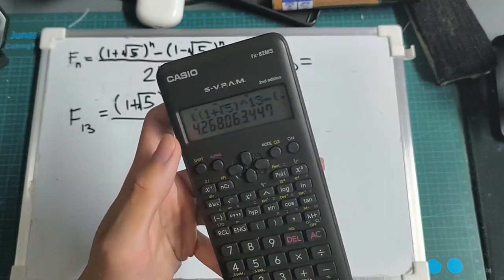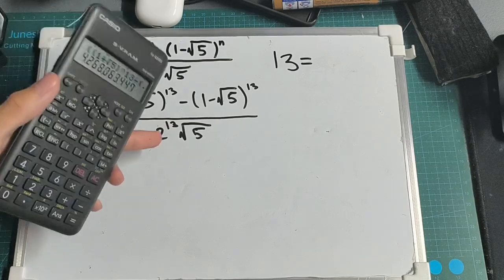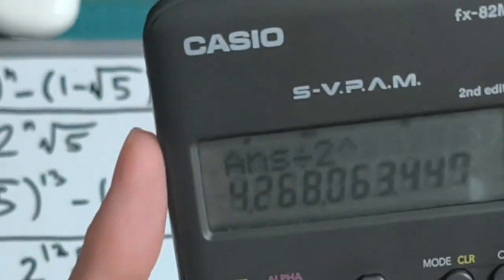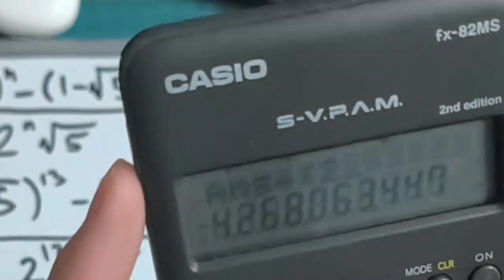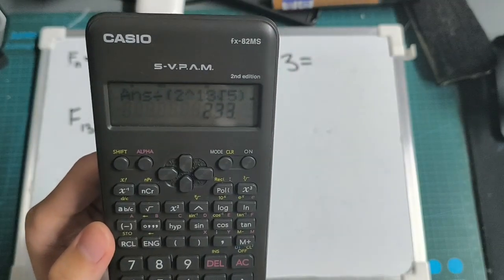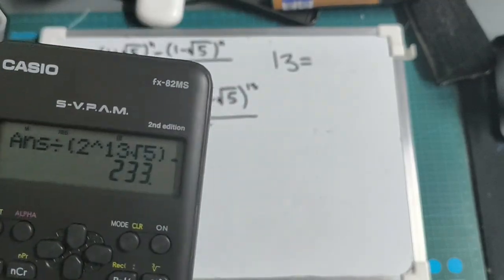Now that we are done solving the upper part, we will now have to divide it with the lower part. And as you can see, the 13th term of the Fibonacci sequence is 233.